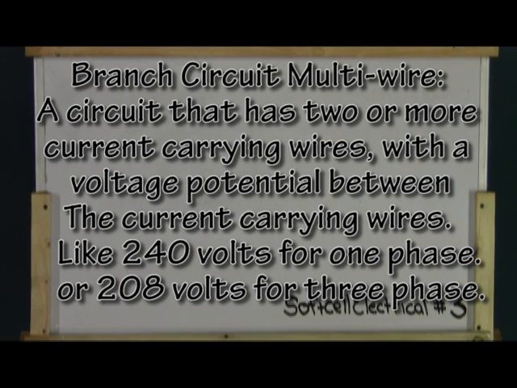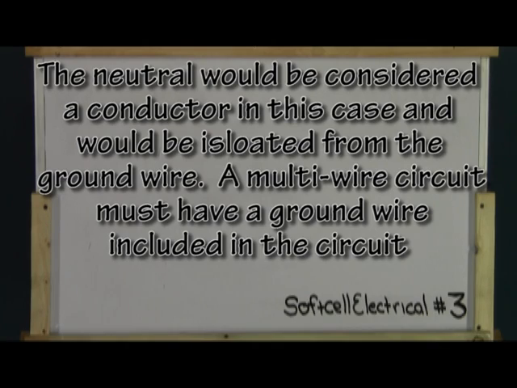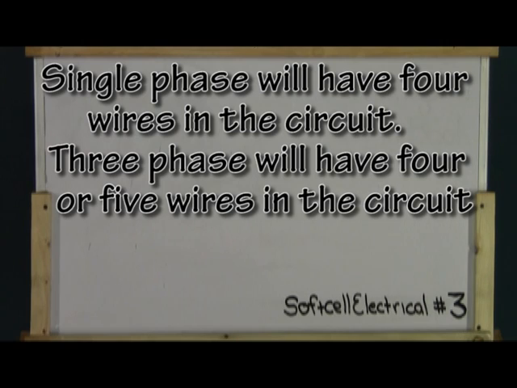But to summarize it, it is a circuit with 2 or more wires that have a potential of anywhere from 208 to 240 volts to ground or neutral, and also has a current carrying neutral along with a ground wire. On a single phase application, you would expect 4 wires total, and on a 3-phase, you would expect either 4 or 5 wires in such a circuit.